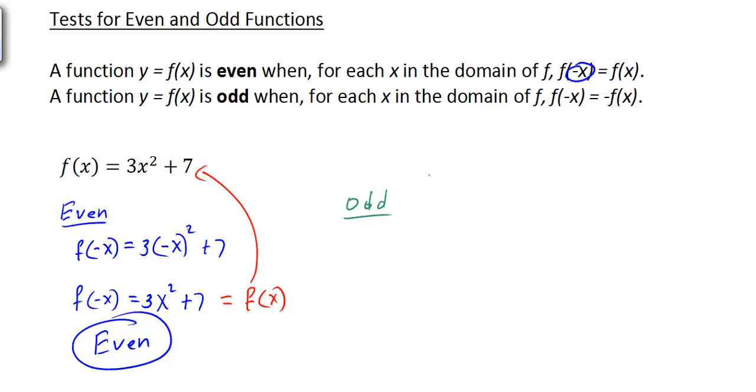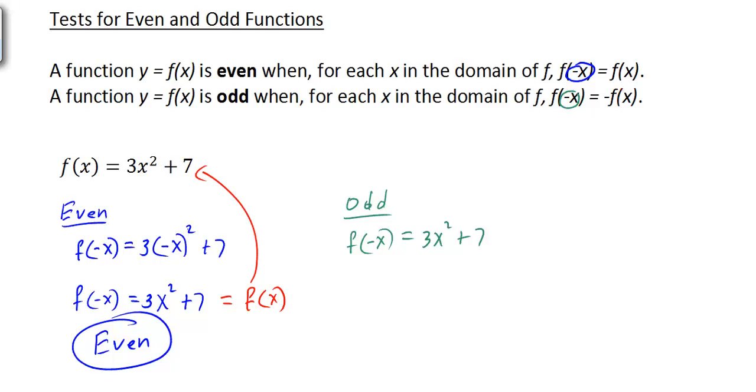Now, how can we test to see if the function might possibly be an odd function? Well, that means in the place of x, we're again going to substitute negative x. We know it's going to be even, so f of negative x is going to be 3x squared plus 7. Now, what is the opposite of this function?